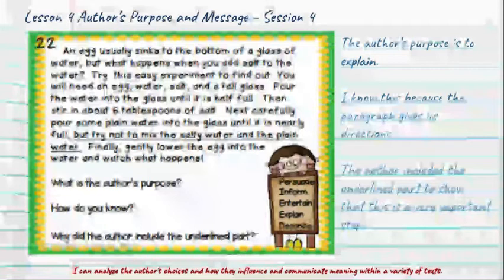Next, carefully pour some water into the glass until it is nearly full, but try not to mix the salty water and the plain water. Finally, gently lower the egg into the water and watch what happens. So we can see the author's purpose here is to explain. The paragraph gives us directions, and the underlined part shows us that this is a very important step.